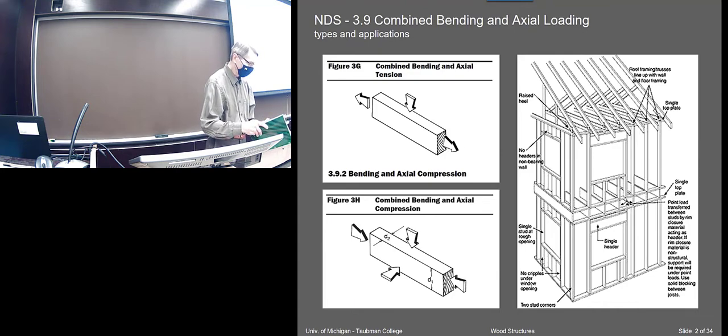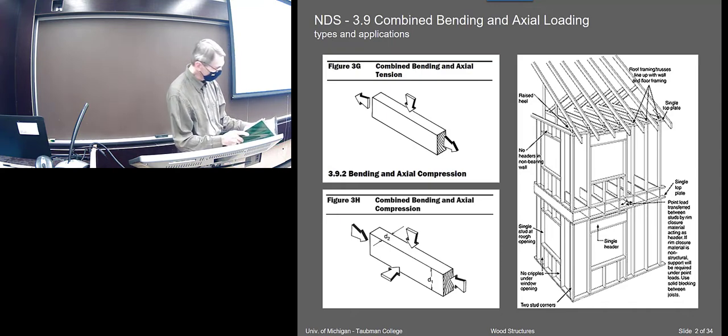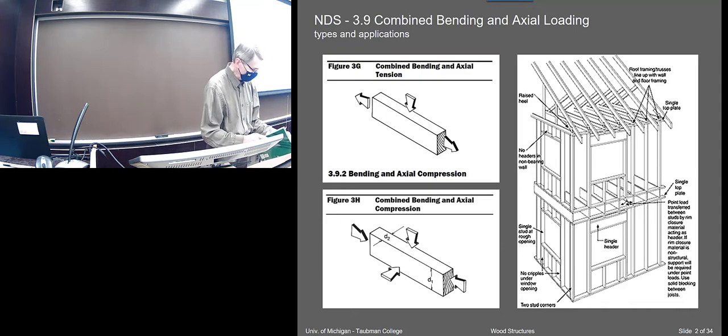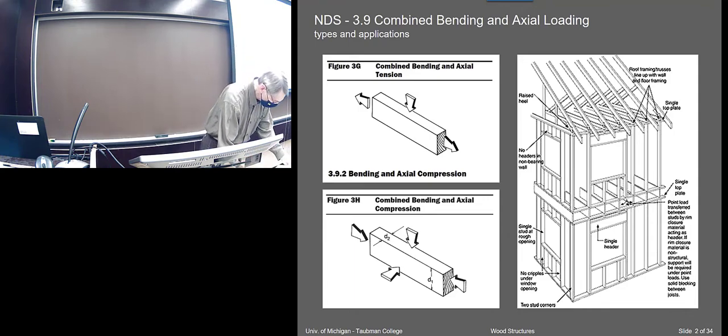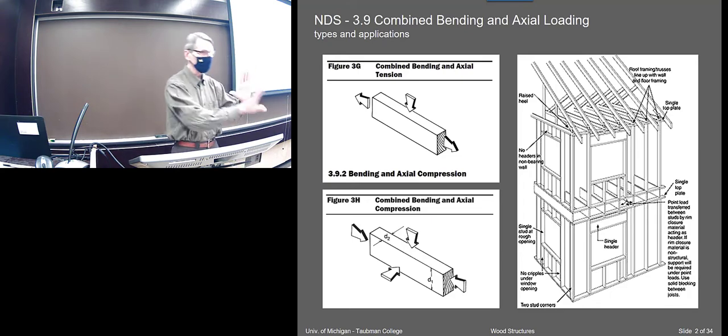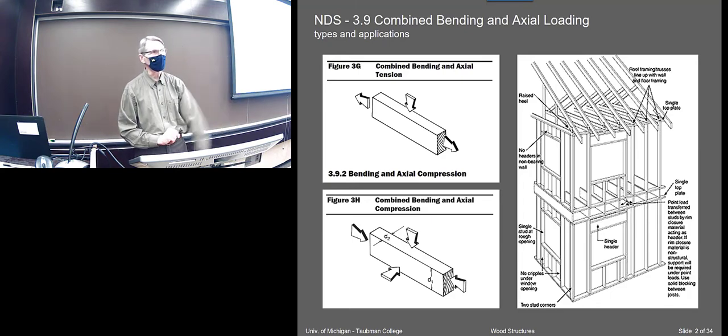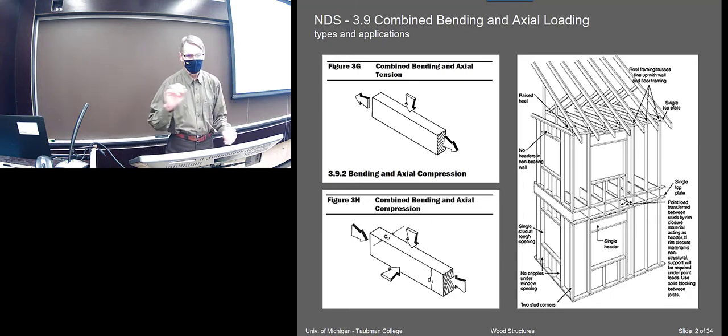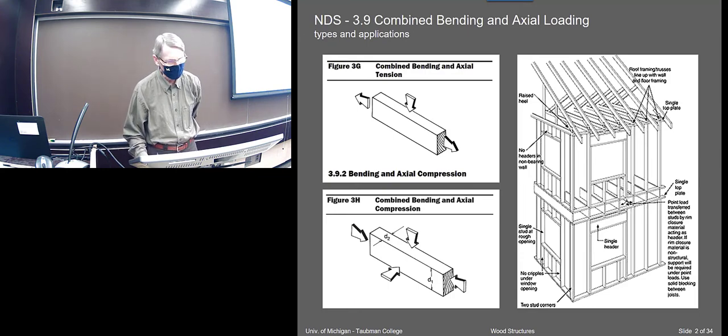It starts with 3.9, combined bending and axial. 3.9.1 is bending and axial tension, and then 3.9.2 is compression. First we'll look at tension, which is a little bit easier, and then we look at compression.